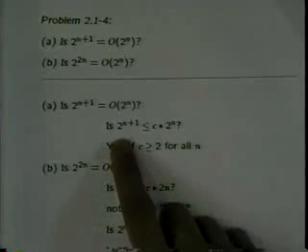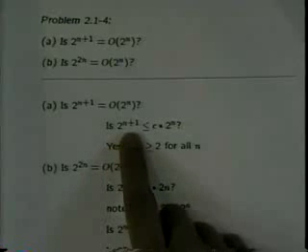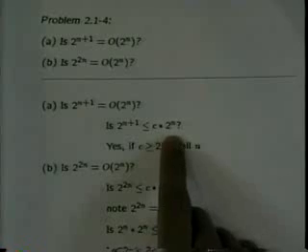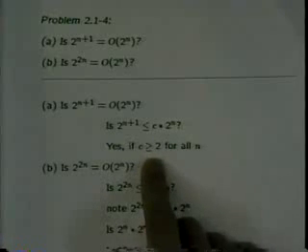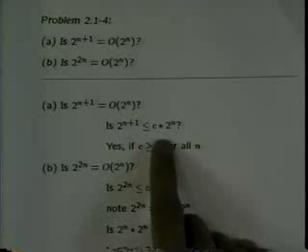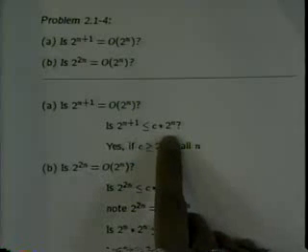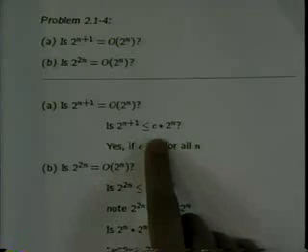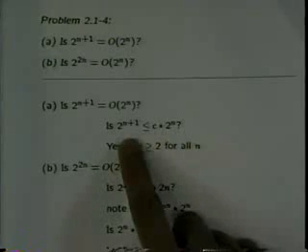We really want to know, if this is big O of that, that means that 2^(n+1) is less than or equal to some constant times 2^n. Okay? Well, what constant would work? Well, 2 would work. So long as your constant is 2, 2 times 2^n is 2^(n+1). Okay? So long as your constant is greater than or equal to 2, this side is bigger than that side. Okay? And that works.